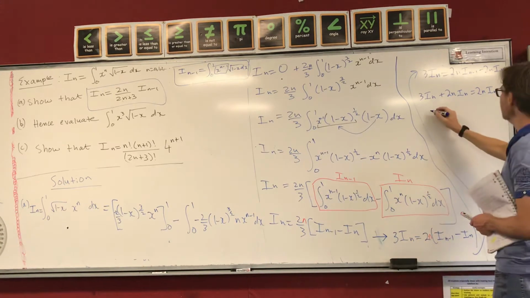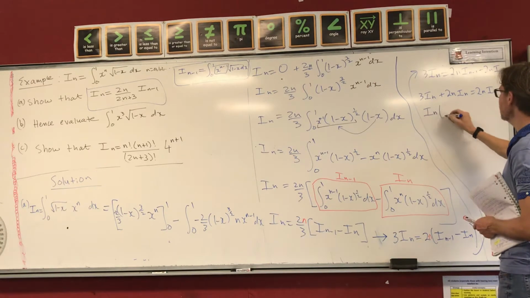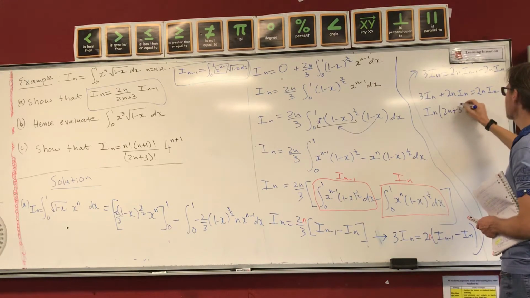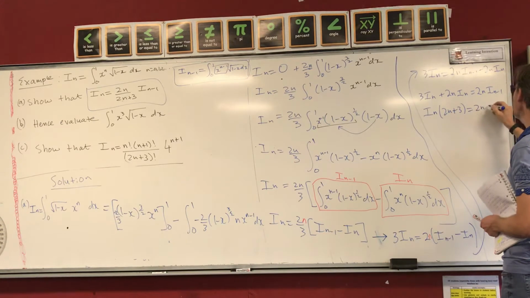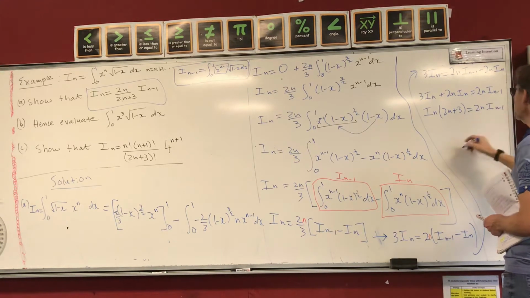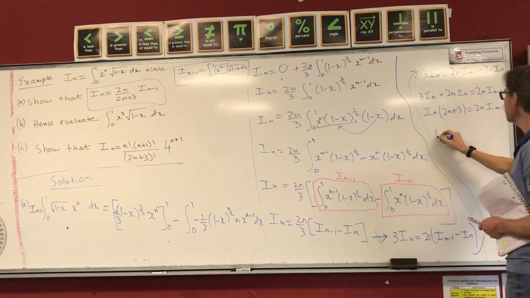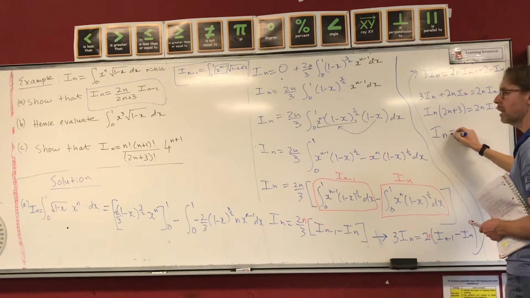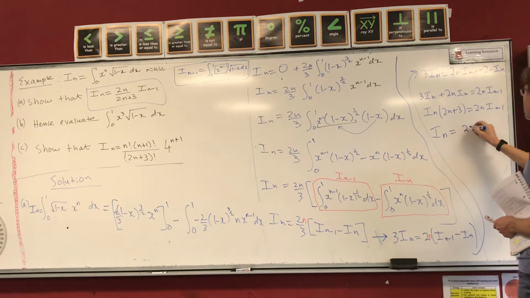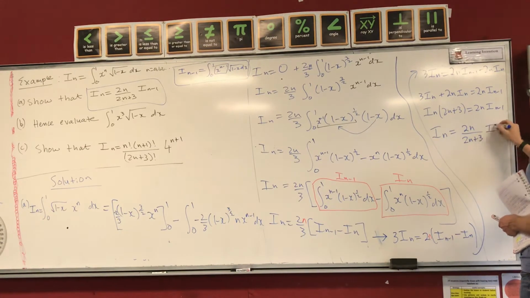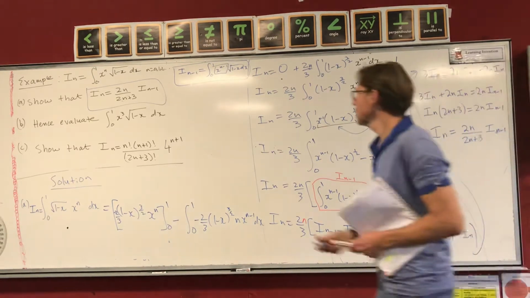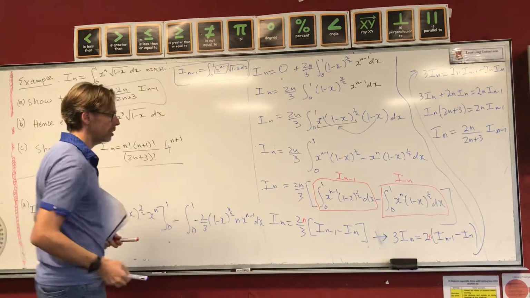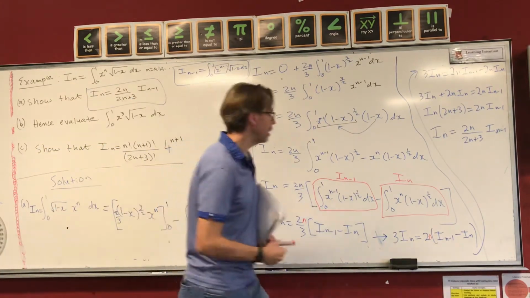Taking I n outside as a common factor, and then dividing through, I get I n equals 2n over 2n plus 3 I n minus 1. Checking that, yes, that's exactly what I wanted.